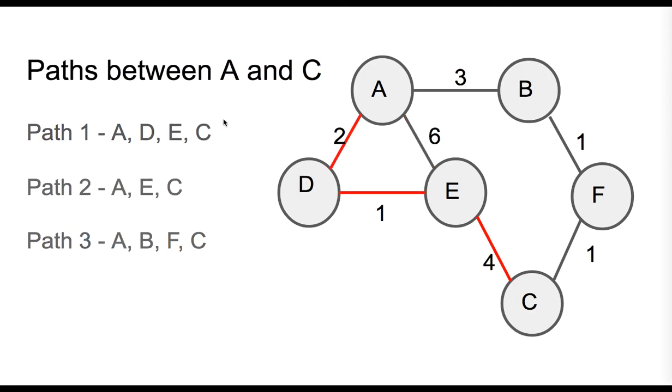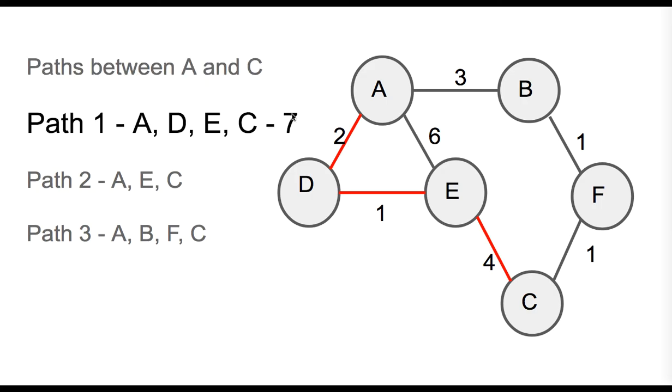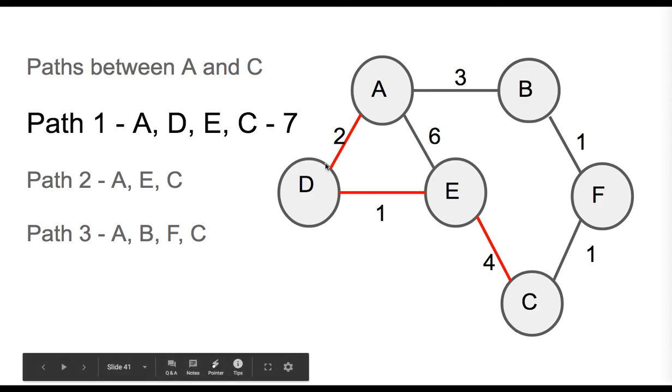When we put in distances, or costs, weights to our graph, though, this may change. For example, now when we're looking at the same 3 paths, path 1 has 2 plus 1 plus 4, so that's a cost of 7.